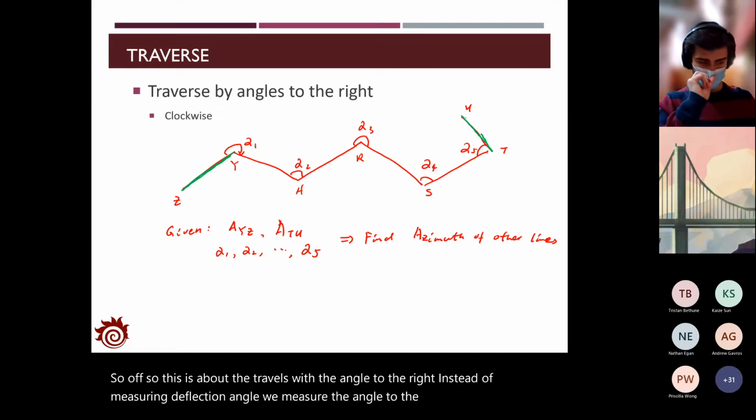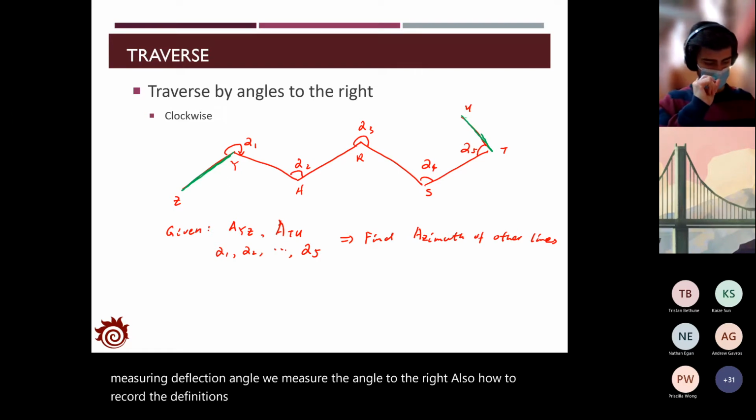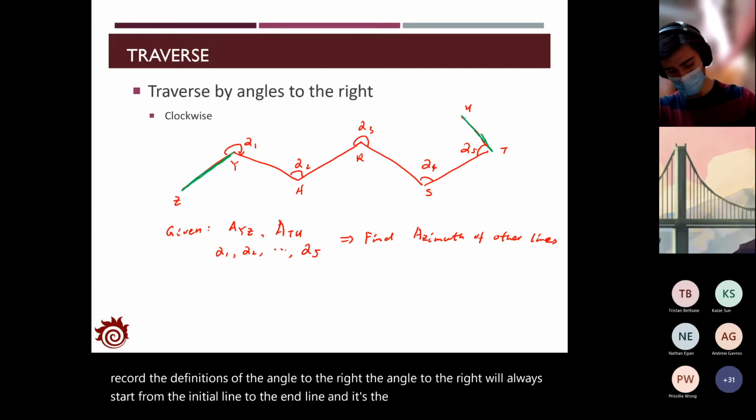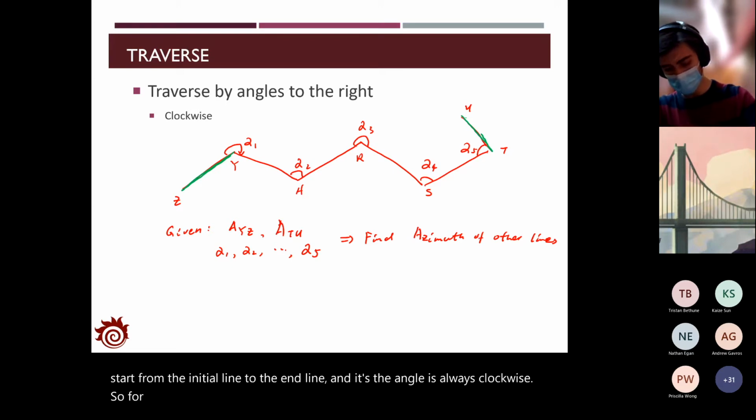Also, you have to recall the definition of the angle to the right. The angle to the right will always start from the initial line to the end line, and the angle is always clockwise. So there's one advantage of the angle to the right.